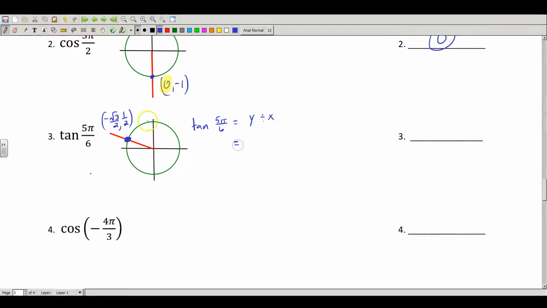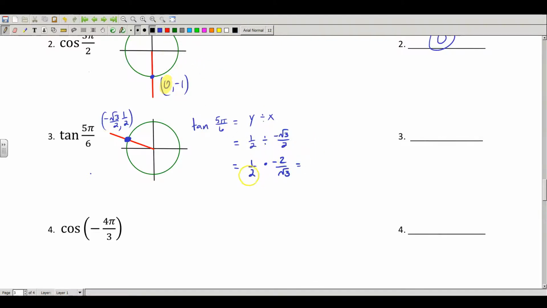And so we have the y value, which is 1/2 divided by -root 3 over 2. And we have to just clean this problem up. So we have to say, well, division is multiplication of the reciprocal. So this is actually 1/2 times 2 over root 3.